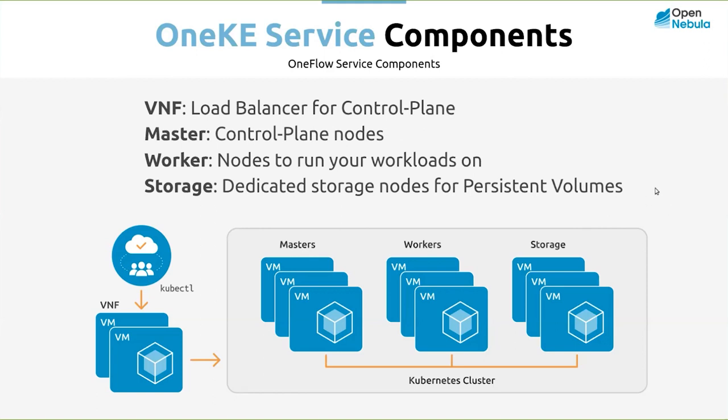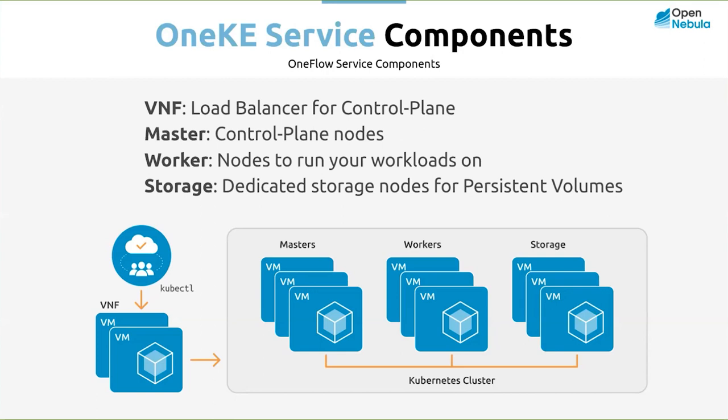It's worth mentioning here that usually, along with the OneFlow service, you would also want to enable the OneGate service in OpenNebula. And the OneGate service allows virtual machines to communicate with each other and the OneFlow service by simply exchanging string values.